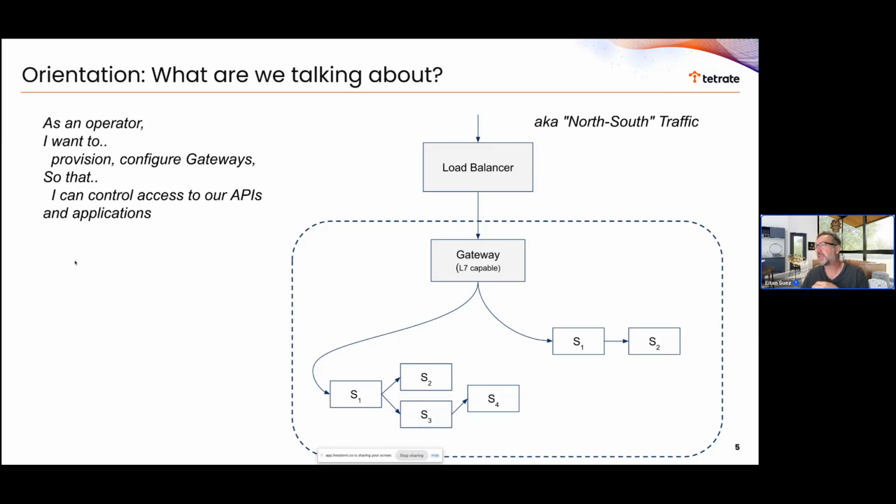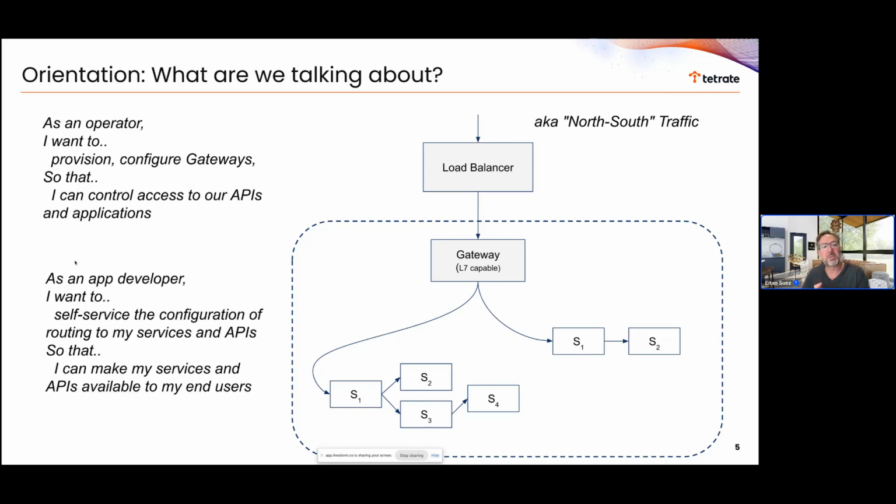What's interesting is that there may be multiple personas involved in this. It's not just the operator who wants to provision a gateway, configure it, and have control over access, what can come into this environment, but it could also be development teams. So maybe as a developer, I want to self-service the configuration of routing to my services and APIs so that my services are available to my end users.